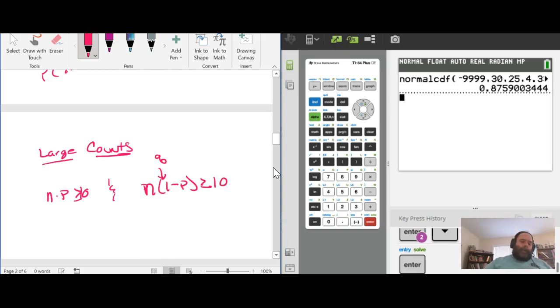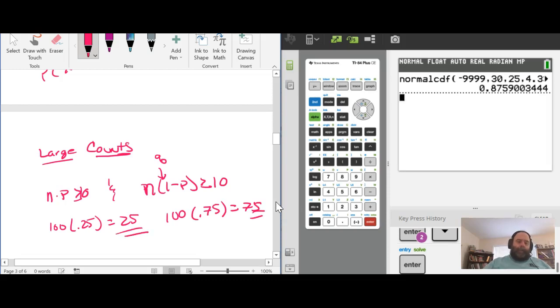So in my example here, n was 100, my p was 0.25, which gave me 25. My n here was 100, and my 1 minus p would be 0.75, which gives me 75. Both of these numbers are bigger than 10. So I've met the law of large counts, and this says that I am close enough that binomial and normal can approximate each other.